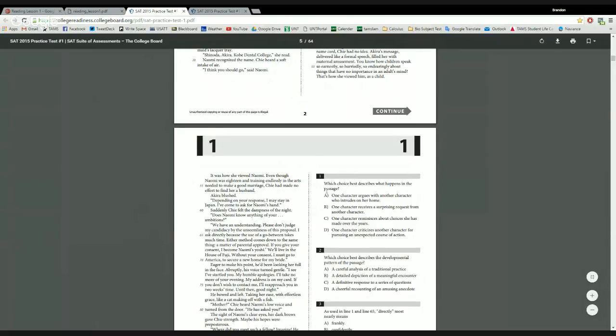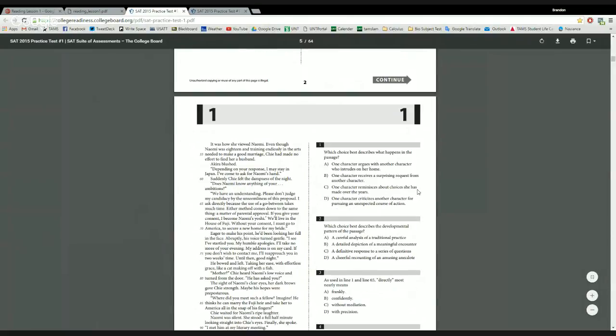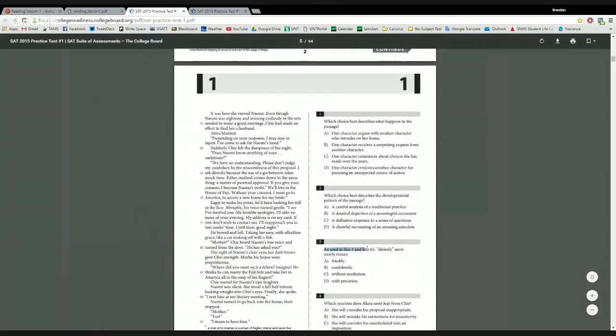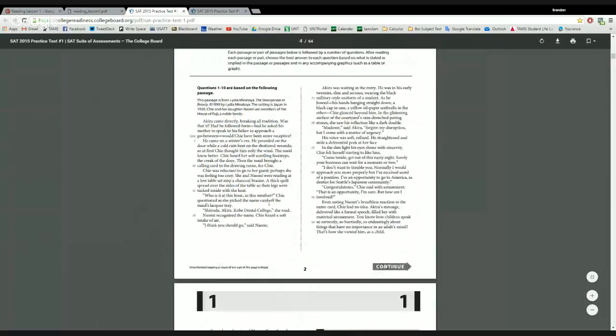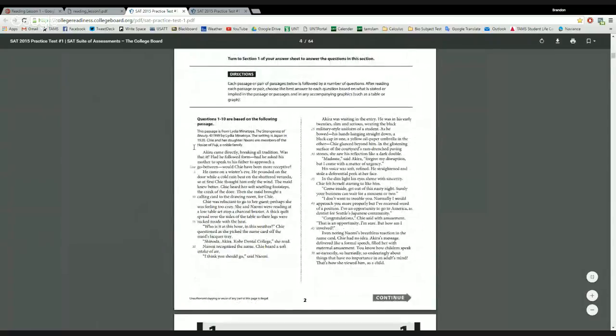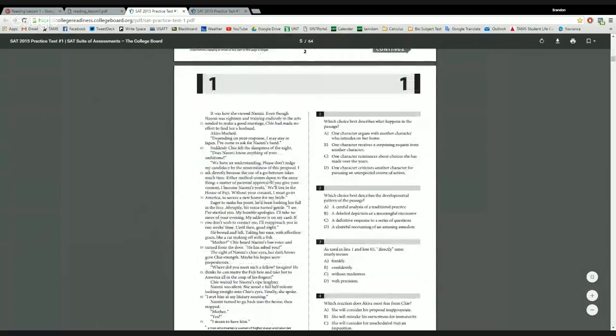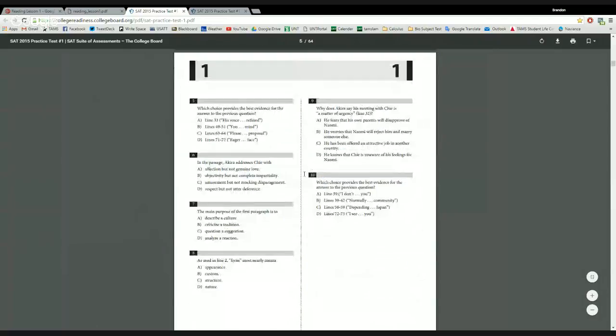And then, let's see, for number 3, here, lines 1 and 65. So you go to line 1 and line 65, and you plot question number 3. So you point an arrow to number 3, and then you do the same for line 65. And you do that for every other question.